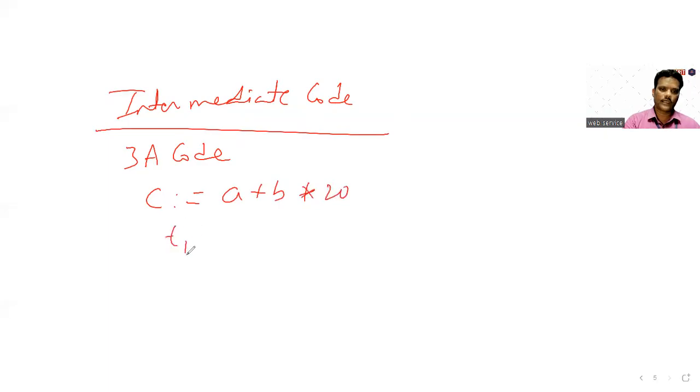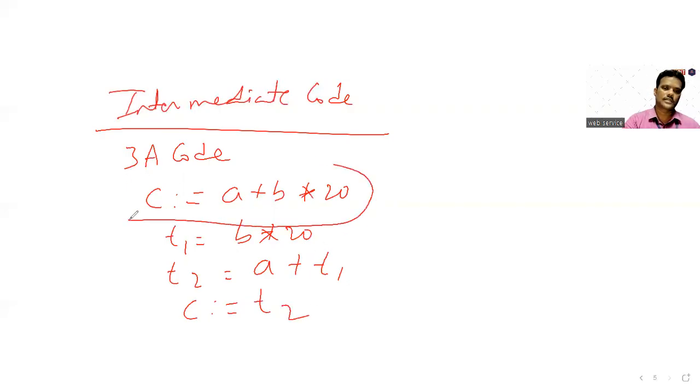I will take T1 as B star 20 and T2 as A plus T1. Then again, I will represent C as T2. So the total statement is converted into three address code. This is the representation in intermediate code. This is the fourth phase of a compiler.